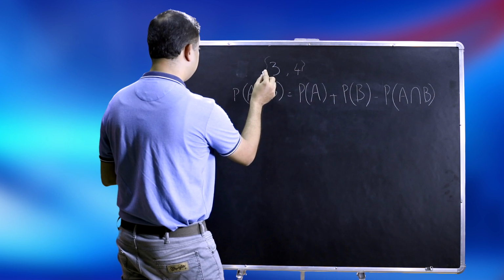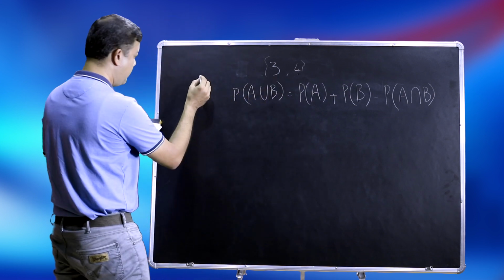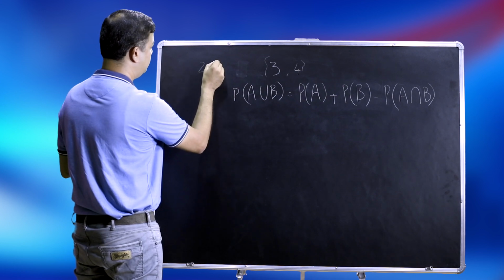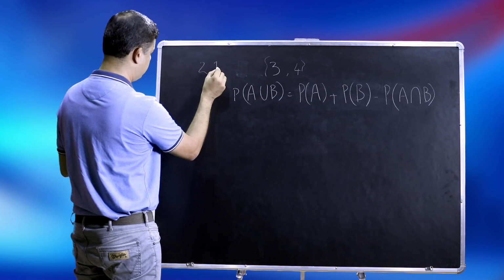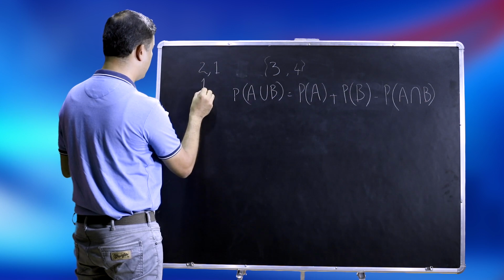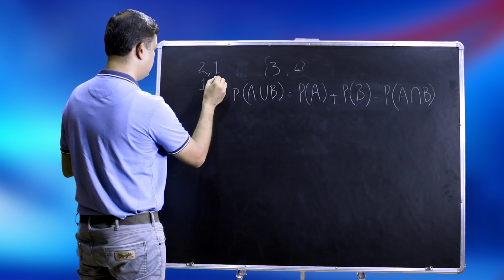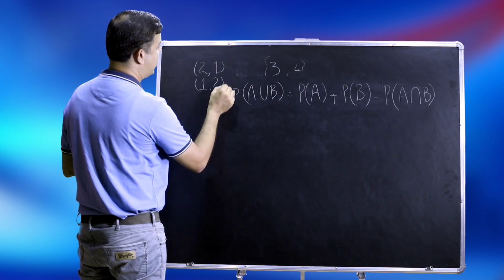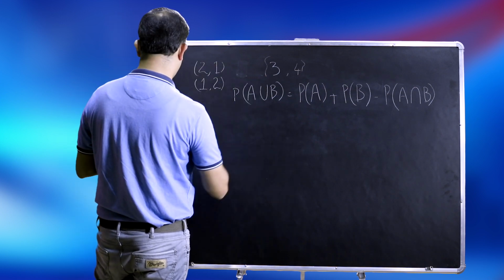The way to get 3 is, I can write it here: the first dice is 2 and second is 1, 2 plus 1 is 3, or the first dice is 1, second is 2, right? So there are 2 ways to get number 3.